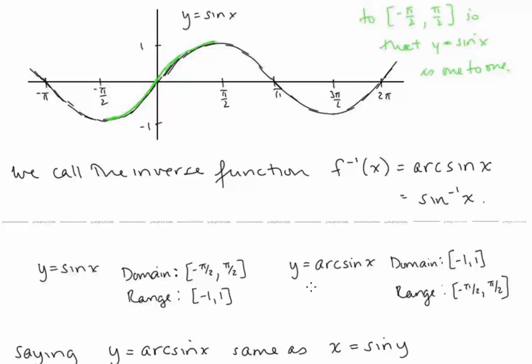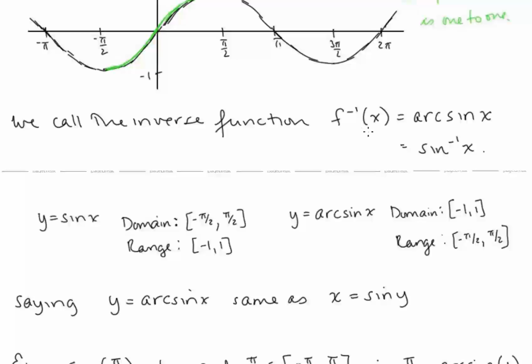And so for the inverse function, y equals arc sine x, the domain is going to be negative 1 to 1, and the range is going to be negative pi over 2 to pi over 2. Remember that when you're talking about inverse functions, since the roles of x and y are switched, the domains and ranges are switched as well.